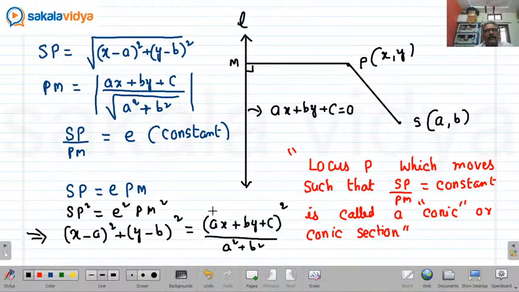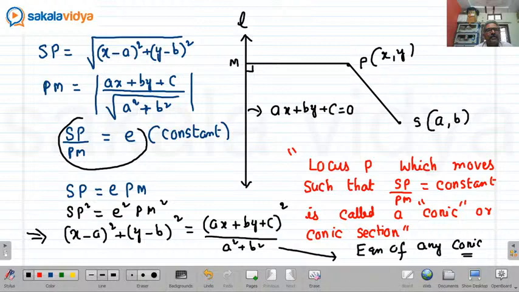So this is the equation of any conic which satisfies the condition SP by PM equals E.